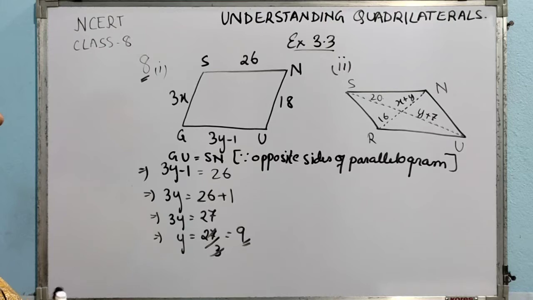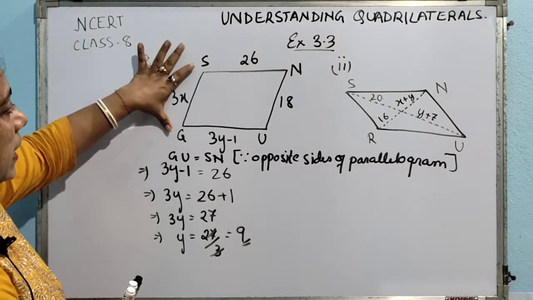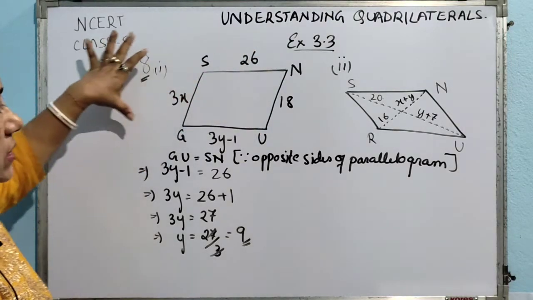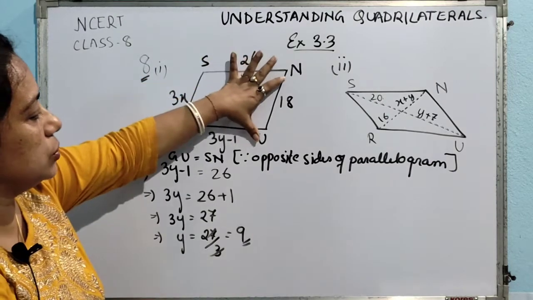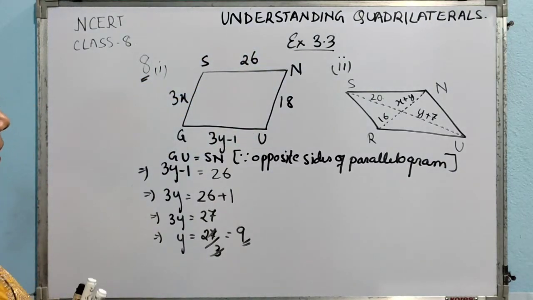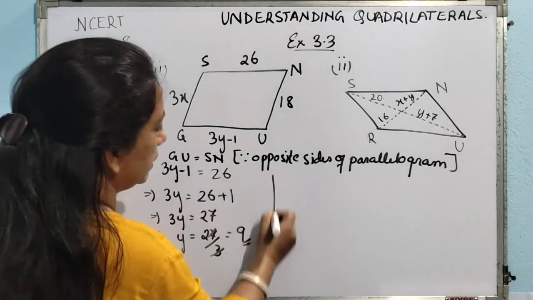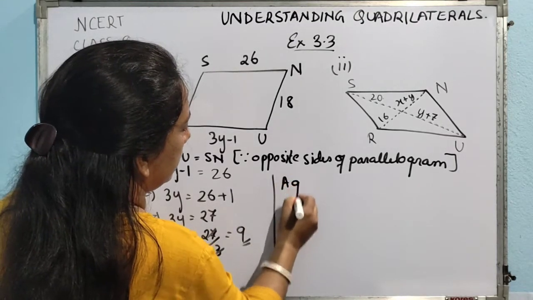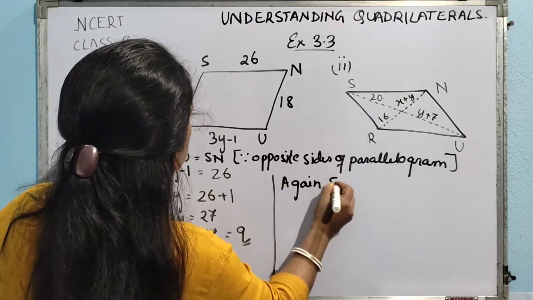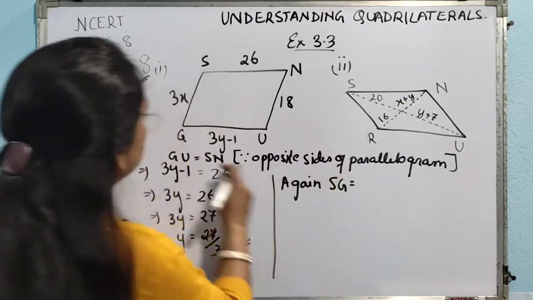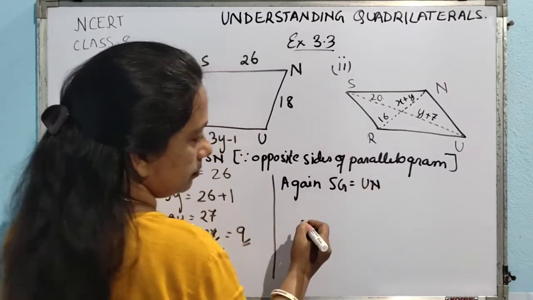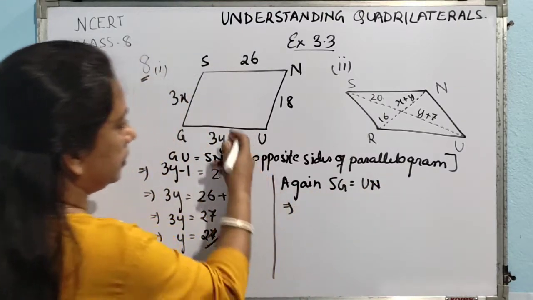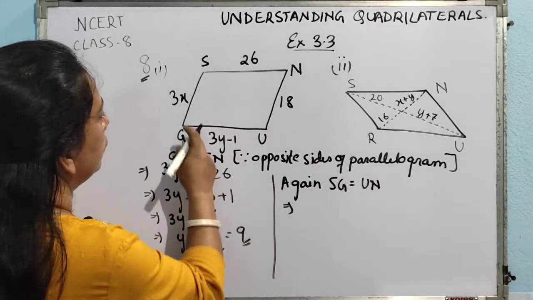Similarly here, SG and NU are the opposite sides of a parallelogram. So we can write SG is equal to NU. I am writing the second part here. Again, SG is equal to UN, the same reason, the opposite sides of the parallelogram.